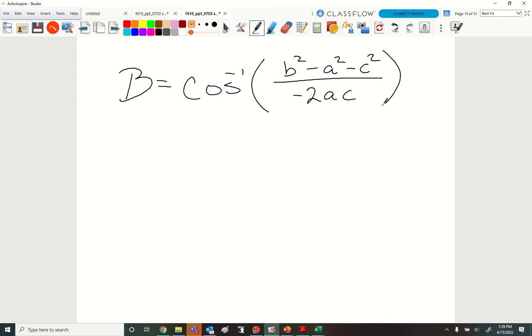Now, we're going to do the same thing for big C. Inverse cosine. Now, I'll give you a second. I want to see if everyone could actually get this before we throw out that answer.